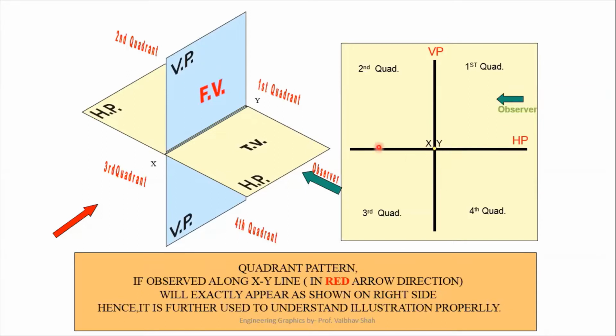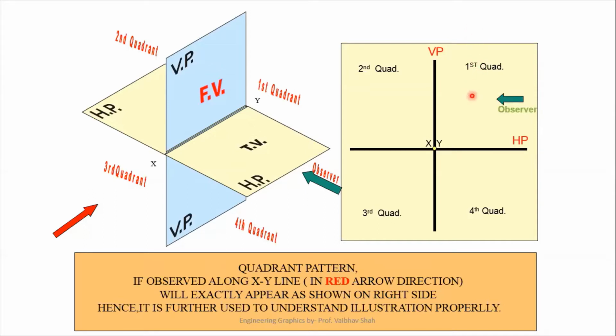Due to this intersection, we are having 4 quadrants, namely first, second, third and fourth quadrant. Always remember, the object may be placed in any of these quadrants, and we will be taking its front view from this observer direction, and the top view from this direction.